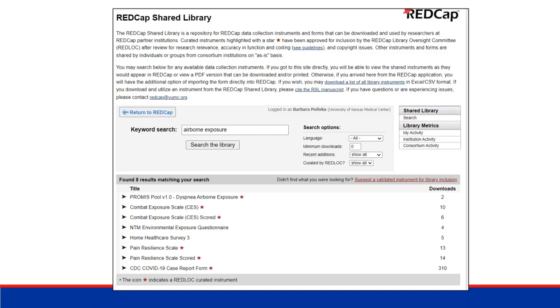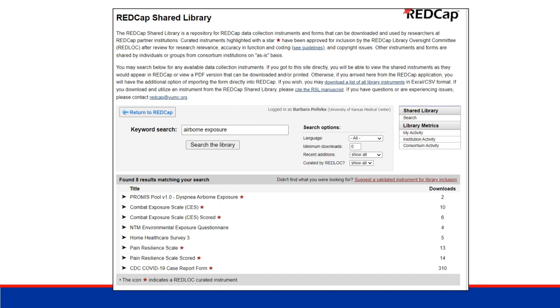Another place to get instruments is the REDCap shared library. If you have access to REDCap, which is available these days at most universities, there are a number of tools that are downloadable that you can use. One that we've used is the Dyspnea Airborne Exposure Tool, and that is a PROMIS measure.